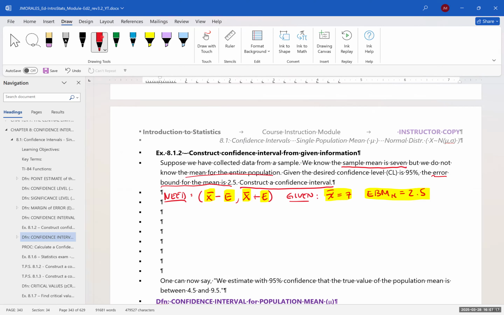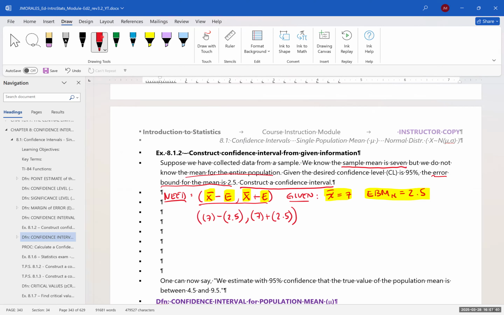So let's go ahead and plug this in, because now we have everything we need for our confidence interval. We're going to put 7 minus our error, which is 2.5, comma, our sample mean, which was 7, plus the error, which is 2.5.